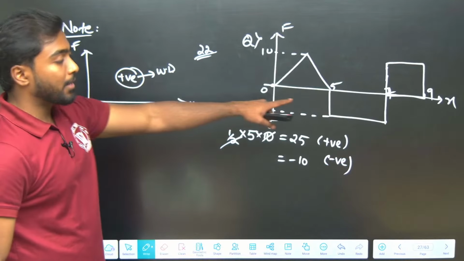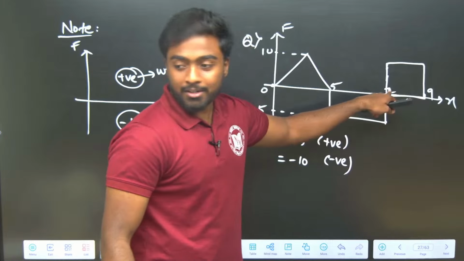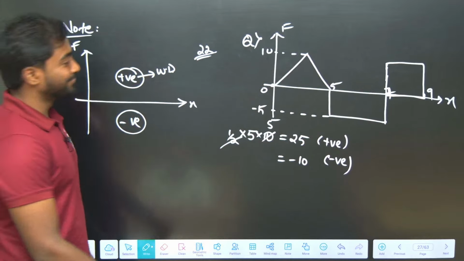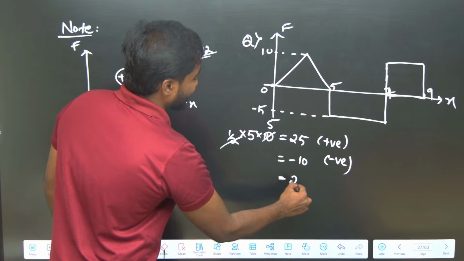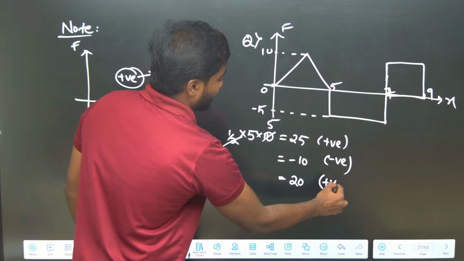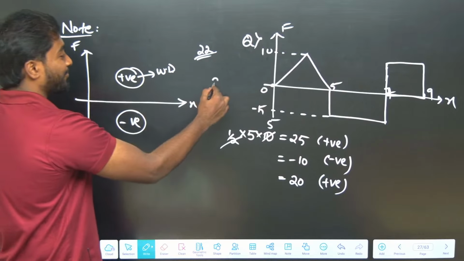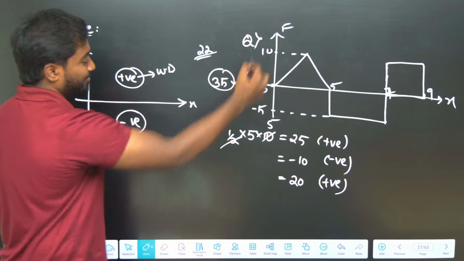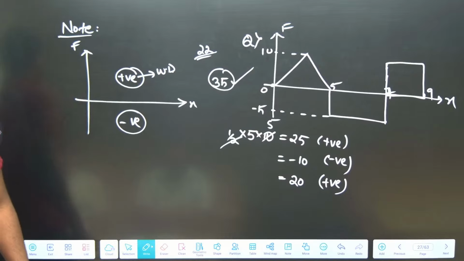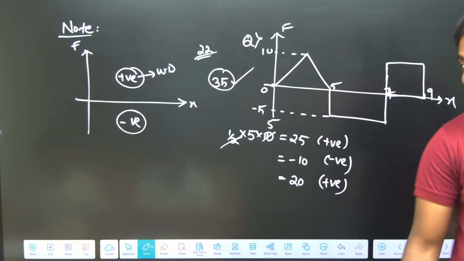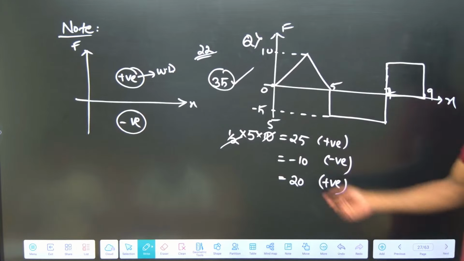Now the last part of the shape. 9 minus 7 is 2, and this is 20, so the answer is 35, and it is positive. Now what is the answer? 35. Got it? So it's not 20, it's not 22 either. It is 35 joules.